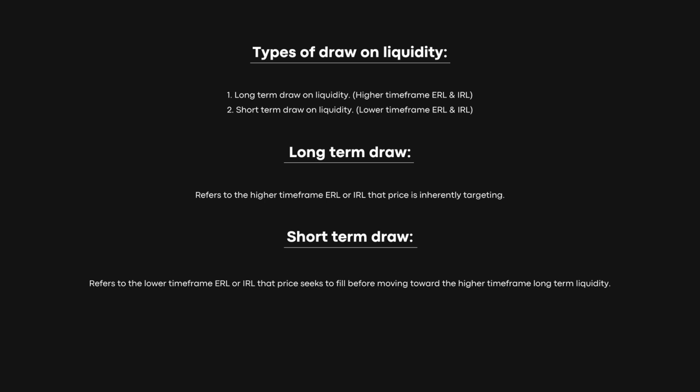So not only do you have to figure out the destination, but also the path towards it, which means figuring out exactly where price would go, and also in what sort of fashion and rhythm it would reach that draw. So understanding this relationship between short-term and long-term drawn liquidity is extremely important, right?